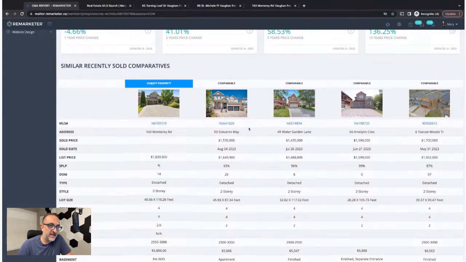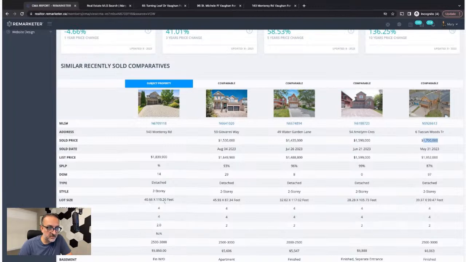So now I have all the 4 bedrooms here, and I can see that the prices here are all around 1.54 whatever. The only one that was listed at $1.9 million, and that sold in May 2023 for $1.7 million, is this one right there. Okay, so it's almost the same size, 39 by 99.